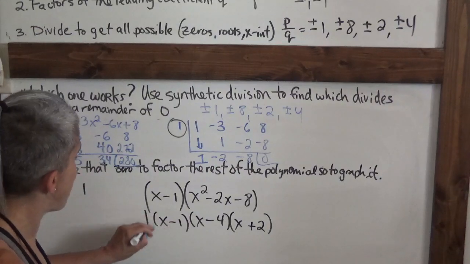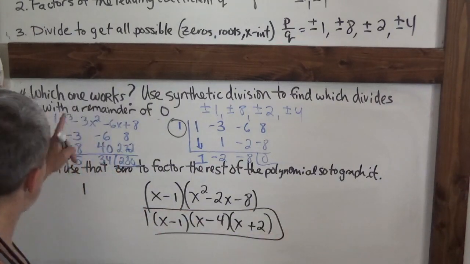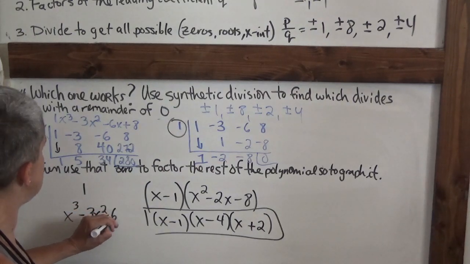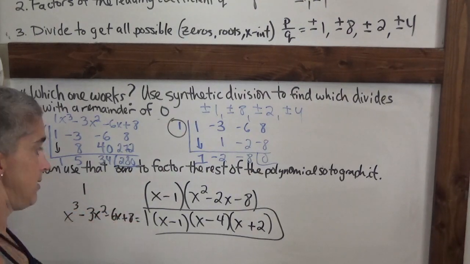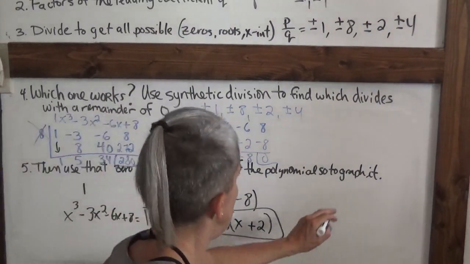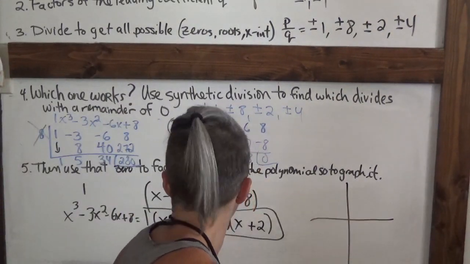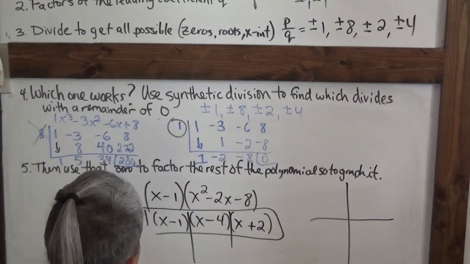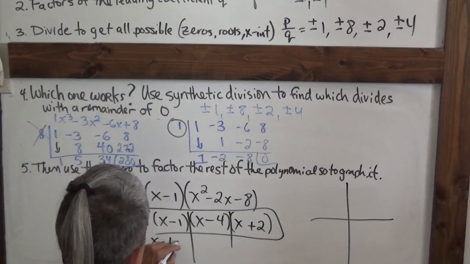So this is my factored form of x cubed minus 3x squared minus 6x plus 8. And then I would go ahead and graph this. If I wanted to do a quick little graph of this, what are my zeros here? We got x minus 1 is 0, so this is 1.